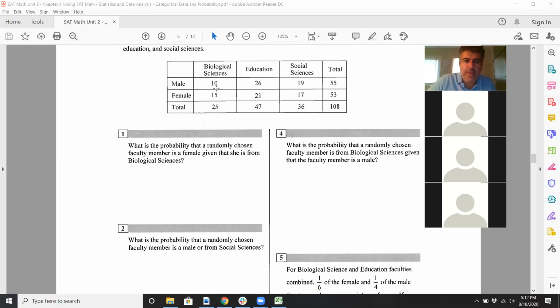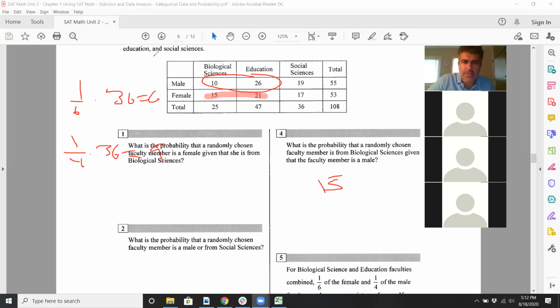So there's 36 females in that group, and 1/6 of them are associate professors. So that's 6. And 1/4 of the males in this group, it's also 36 people. So it's 15 associate professors we got.